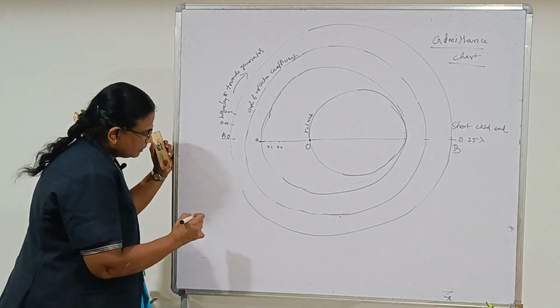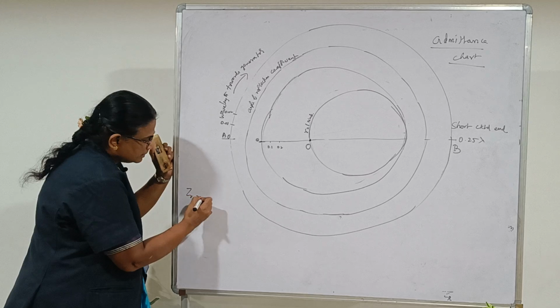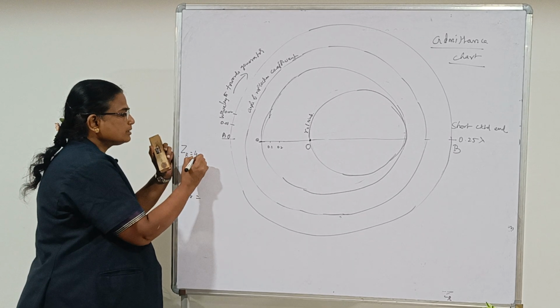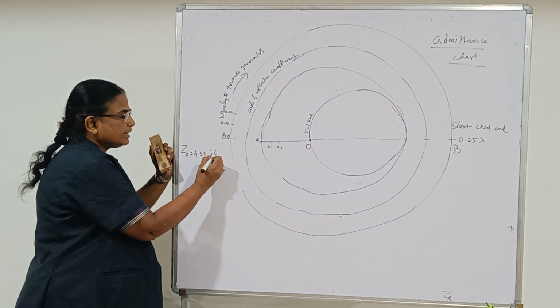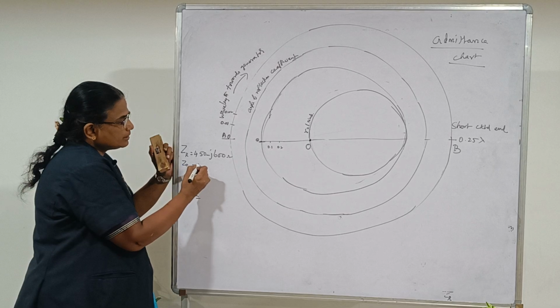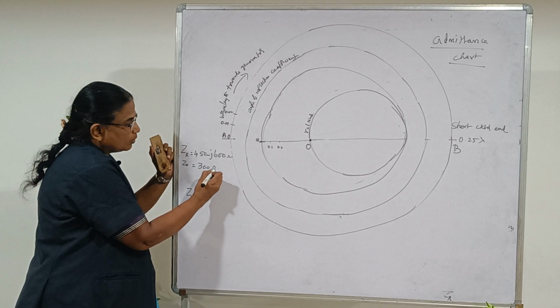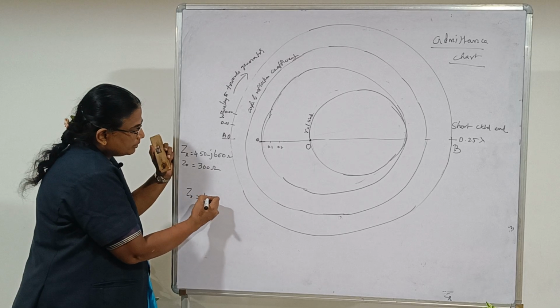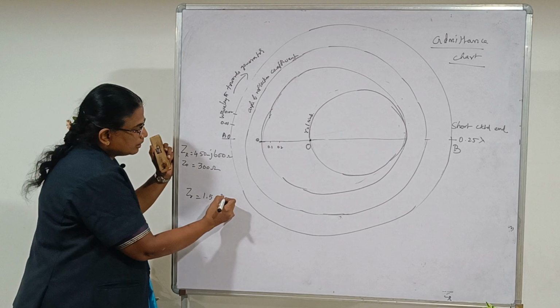Now, the load here: ZR is 450 minus J 600 ohm in the given problem. Z0 is 300 ohm, and the normalized impedance is found to be 1.5 minus J2.